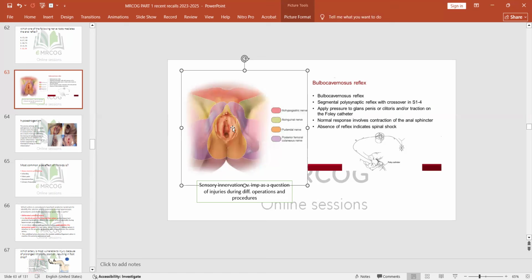So yes, when it is about the labia and around the vagina and around the anal opening, this is pudendal. The ilioinguinal, mainly, okay, in the pubic area, above. If we go above this level and we get the lower abdominal part, iliohypogastric.